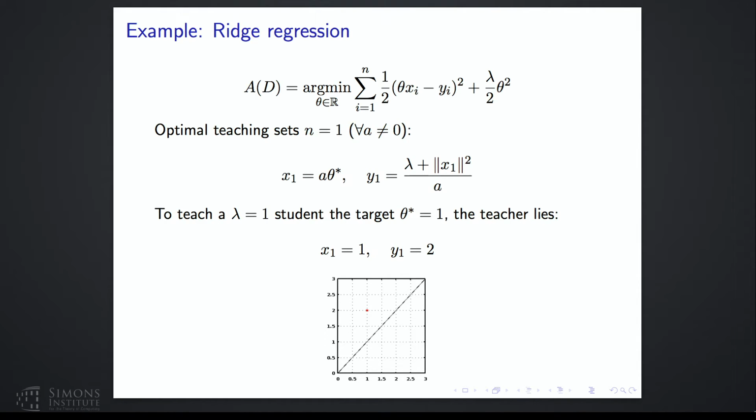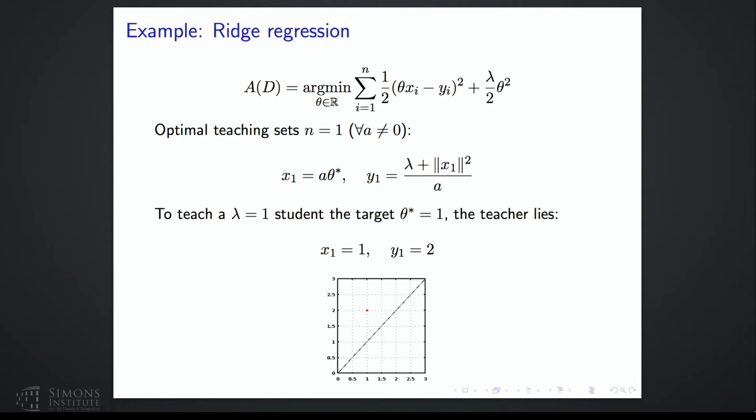So here's an example. If I want to teach a student which has lambda equals 1, that's the regularizer of the student, and I want to teach it the target theta star equals 1, I need to do this. And if you think about it, this dot is right here. That is my target theta star line.